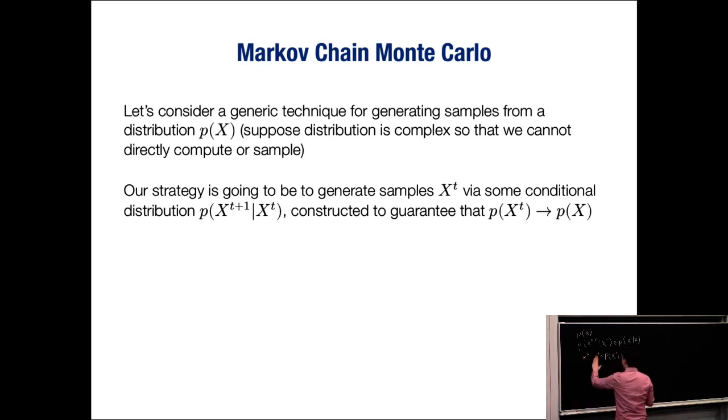I sample, I guess I should say little x1, according to the distribution of x prime given x equals x0. And I just repeat this process. And the property that I'm going to want to have here is that if I repeat this process, the distribution of xt will go to the distribution of p of x.